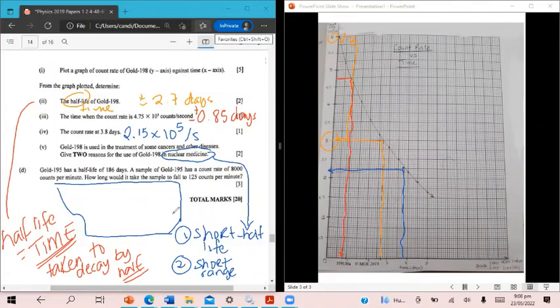All right. A sample of gold 195 has a count rate of 8,000 counts per minute. So that's our starting point. How long would it take the sample to decay to 125 counts per minute? So first we need to know how many half-lives have passed.